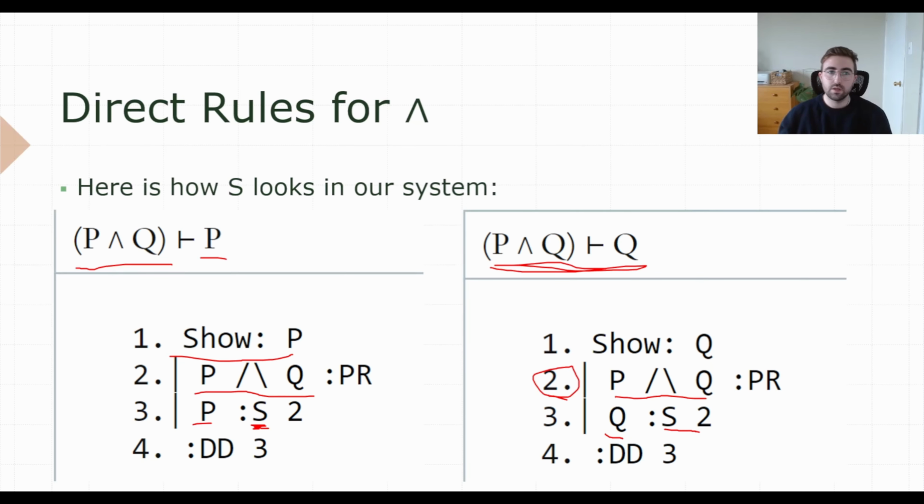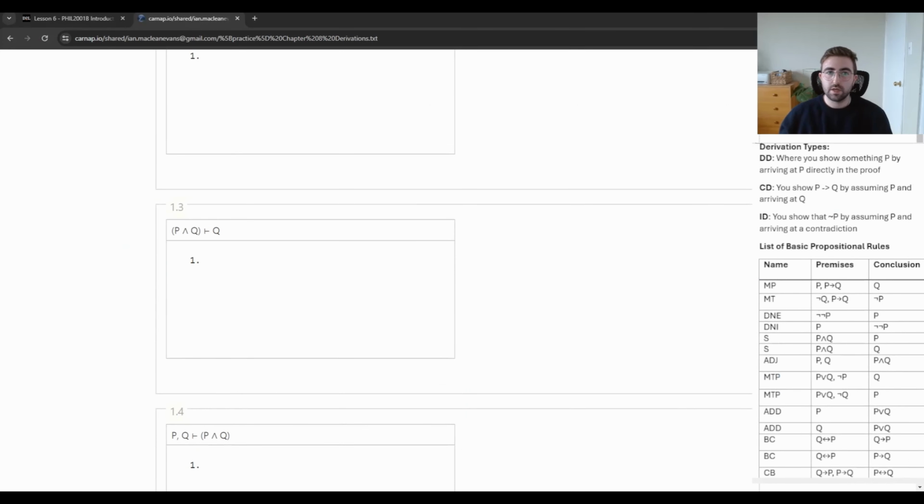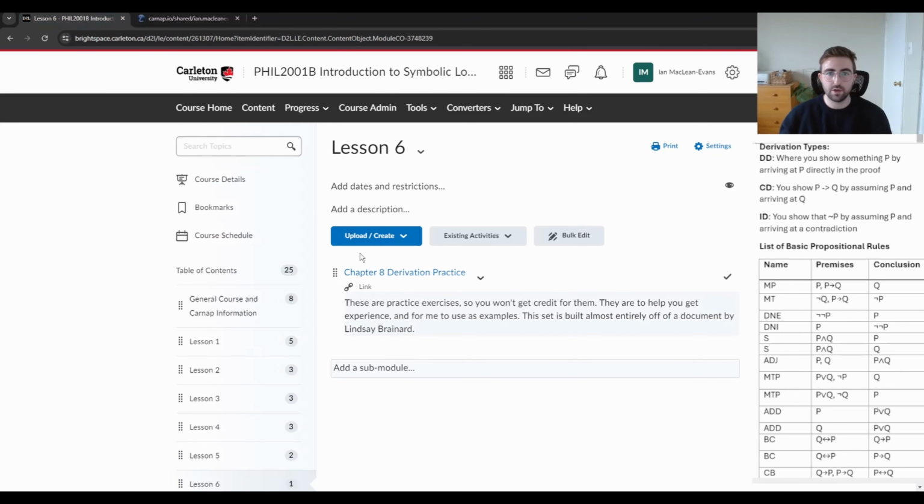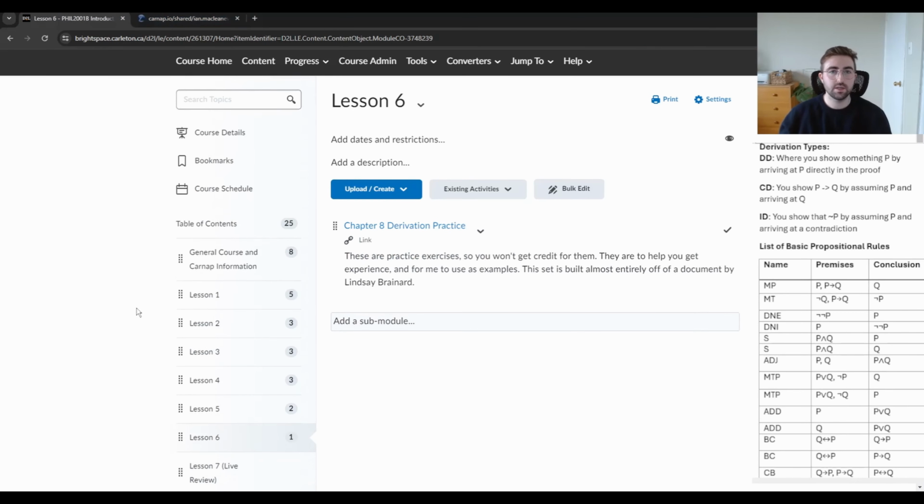Okay, so how will that look in our derivation system? Well, I will show you examples of these as I type them out, but it's basically just going to be what I already showed you. So I've already pulled up the Carnap practice set here. It's just from Brightspace. You can go into lesson 6 and find it there, chapter 8, derivation practice.